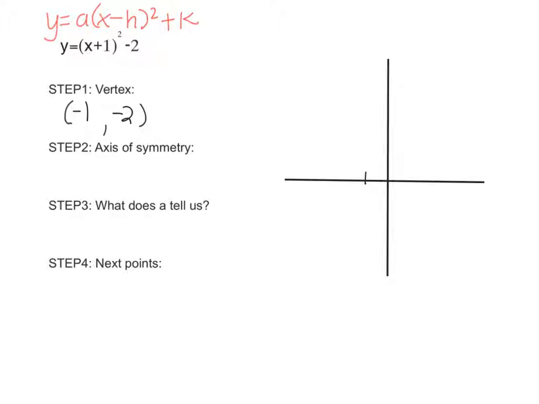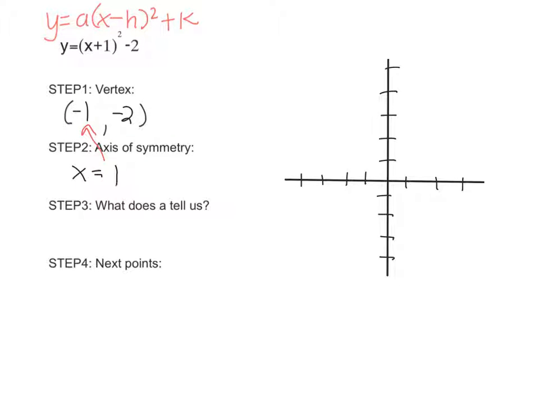Now, I actually think it would be better to have the axis of symmetry at the same time as the vertex. So before I plot the vertex point, I'm going to find my axis of symmetry, which is nice and easy because it is the same value as that h value right there.